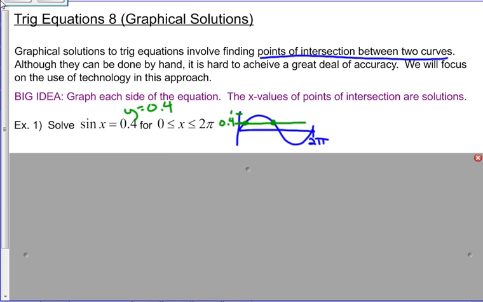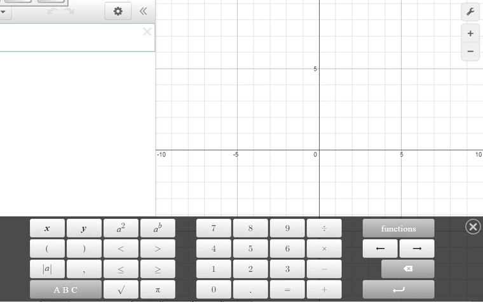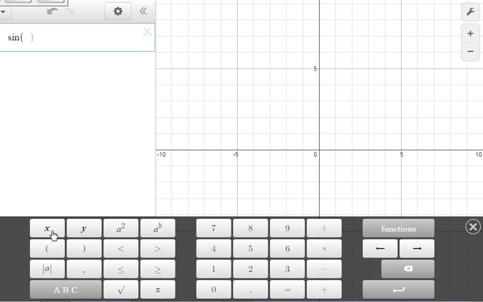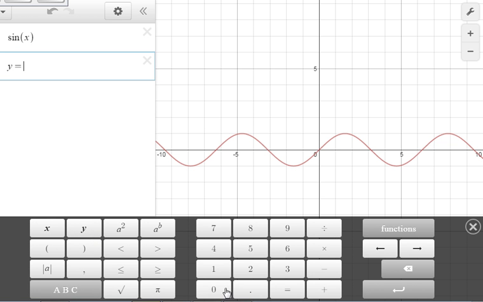We could do this on a graphing calculator, or I'm going to go to some graphing software. This is desmos.com. So if we go ahead and graph sine x, we just go over and click functions. There's sine x. And the other graph that we want is y equals 0.4.